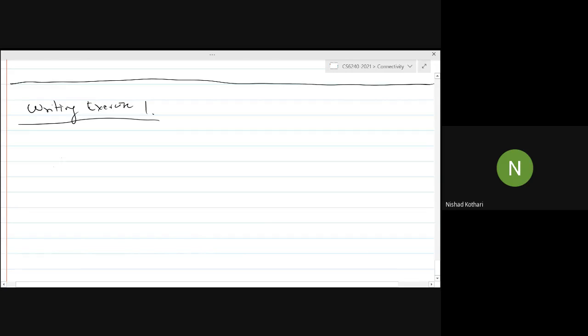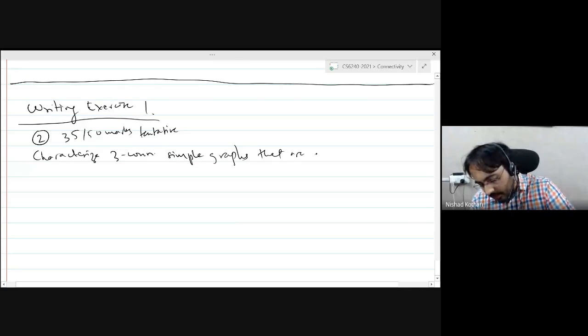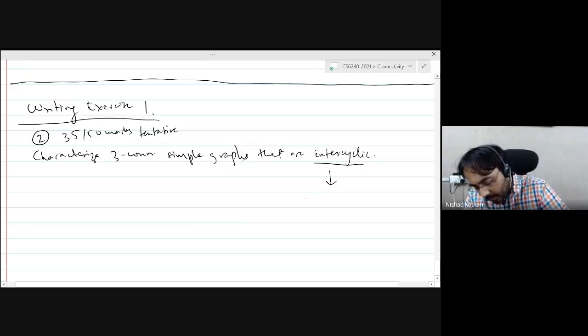Okay, so what you need to do on this exercise is you need to characterize. There are 3 parts, but I'm focusing on part 2, which is the maximum marks. I think I've announced it as 35 out of 50 marks tentatively. So you need to characterize the 3-connected simple graphs that are, not odd, sorry, intercyclic. Intercyclic graphs means that you cannot find two vertex disjoint cycles.